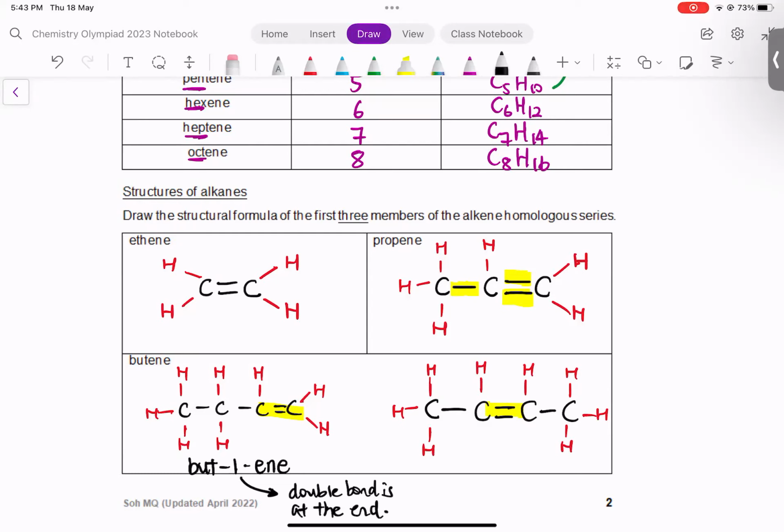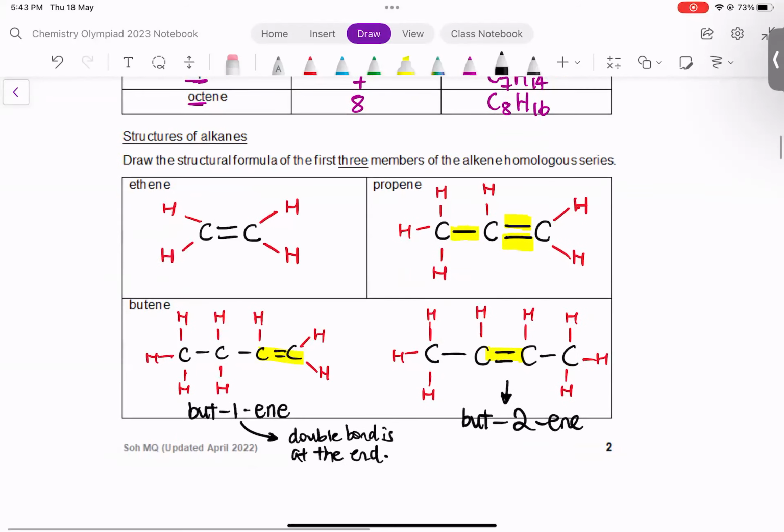Okay, when you see but-1-ene, it means the double bond is right at the end. This one on the right-hand side is called but-2-ene. All right, so the 2 in this case means the double bond starts or is located at the 2nd carbon atom.